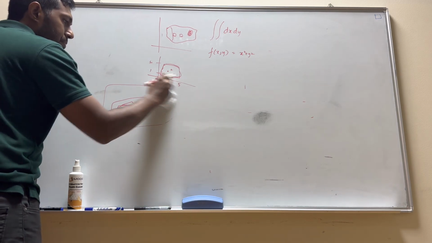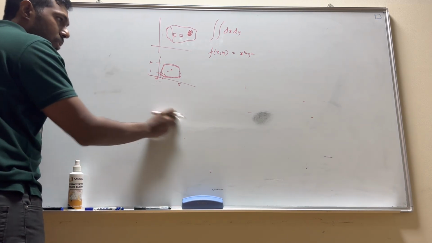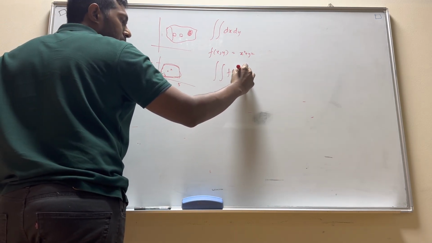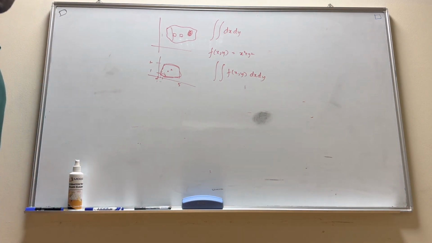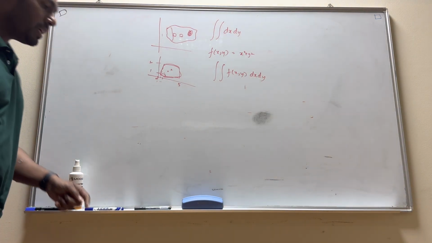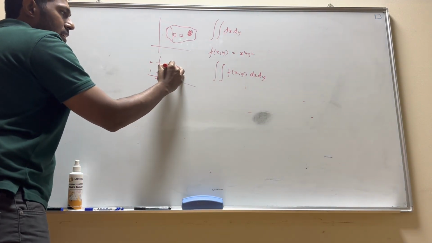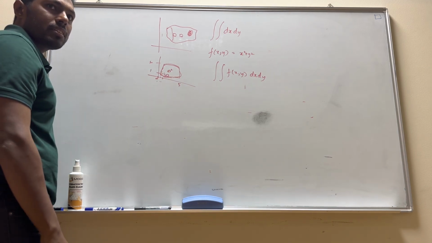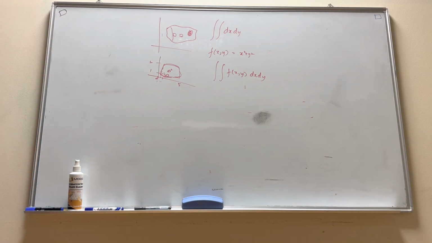So if somebody asks me the volume or the mass or whatever it is, whatever the function does, what I do is I simply add that factor. Meaning you just multiply onto it. The square here is no longer equivalent to a square here, it's equivalent to multiplying by f of x y, because of the density or thickness or whatever.